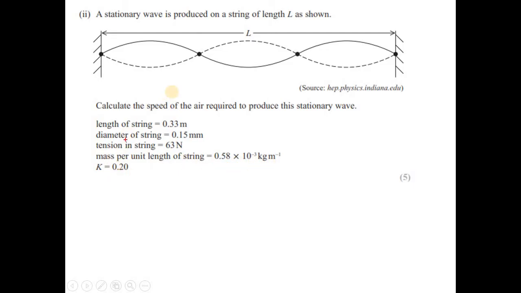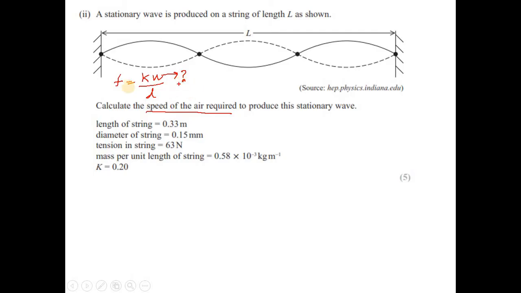So if you need to find the speed of the air required to produce this, and if you see the formula in your previous part, the formula was given as f equal to ku upon d. So this u is the speed of the air, and this u we need to figure out.